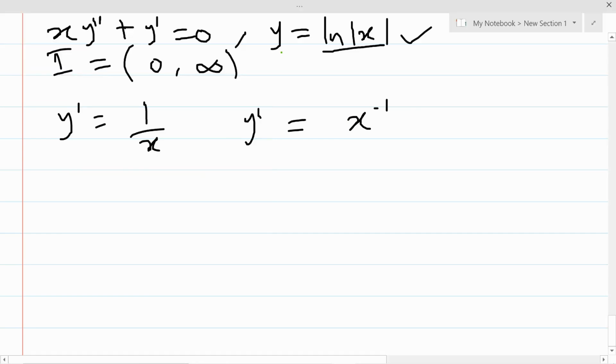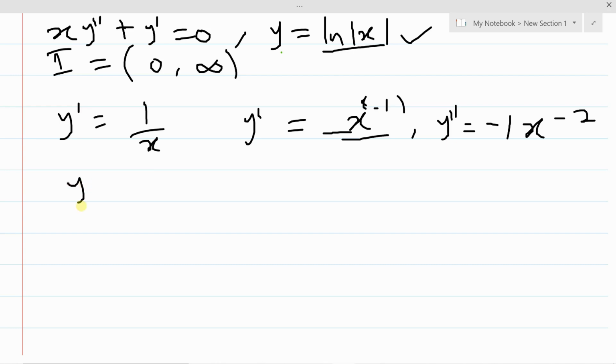If I want to differentiate this, y prime prime will be equal to, you just multiply by the power of the function, in front. That will be -1. Then we subtract 1 from the power, so we get -1 times x to the -2, and from indices y prime prime will be equal to negative 1 over x squared.